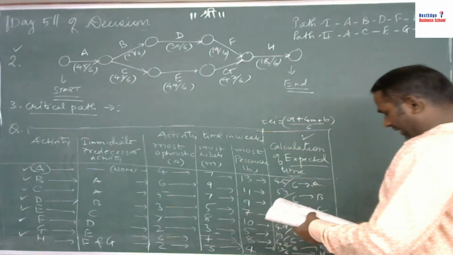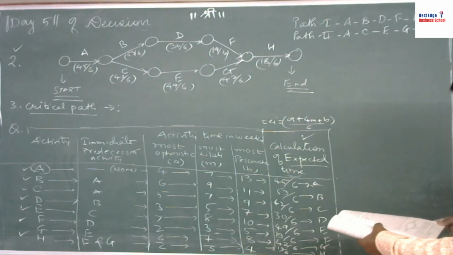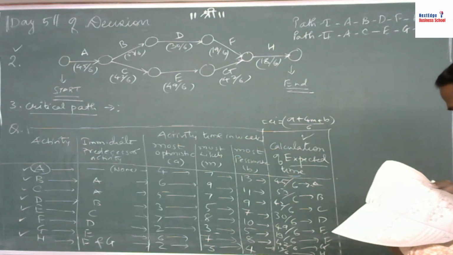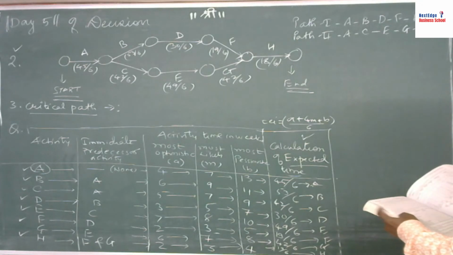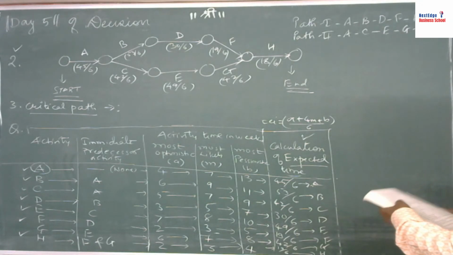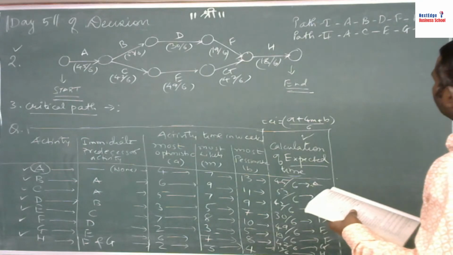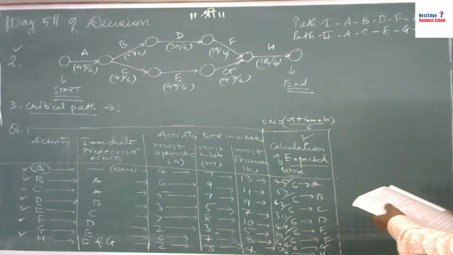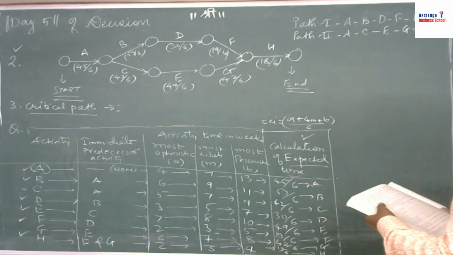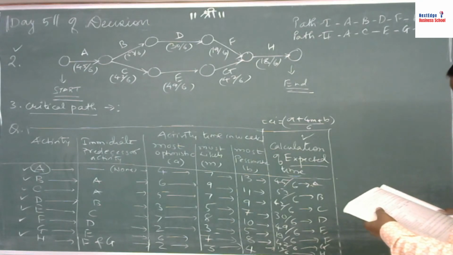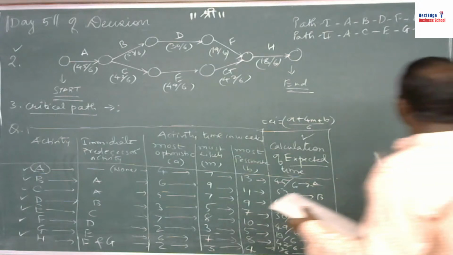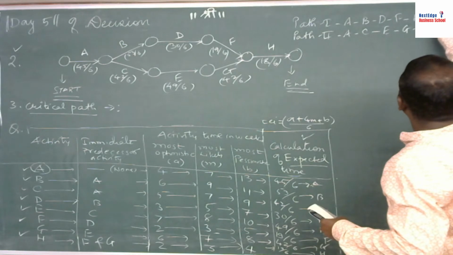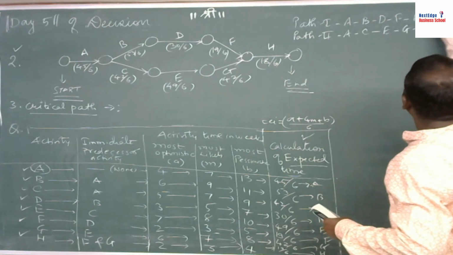Now let us calculate how much time it will require in path 1 or path 2, right? We have the exact values with us. Path 1 looks like A, B, D, F, H, and path 2 looks like A, C, E, G, H. For path 1, the duration is 27.5 weeks.